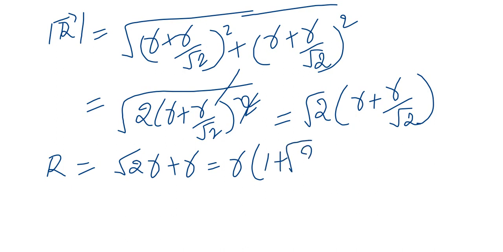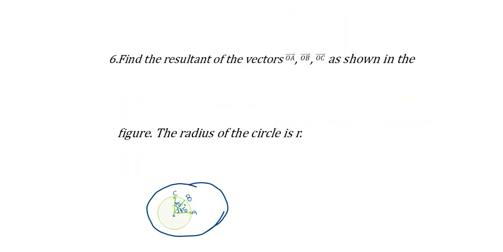This is the resultant vector. The vector is moving in a circular path like this.